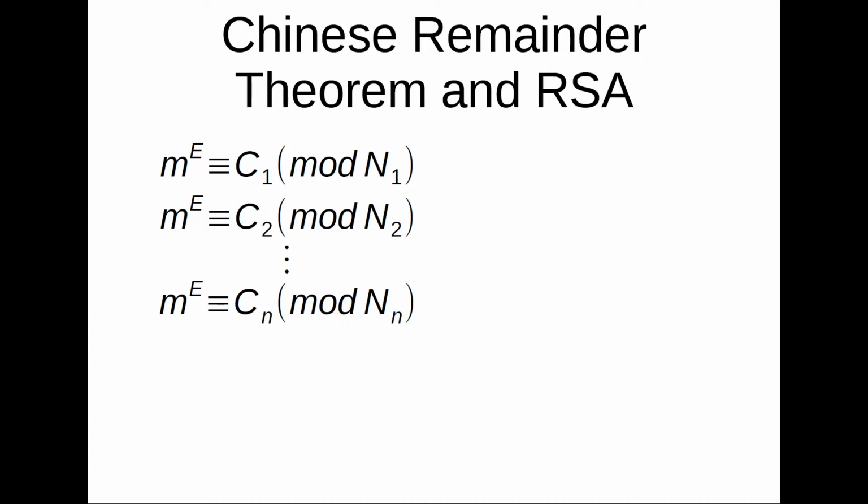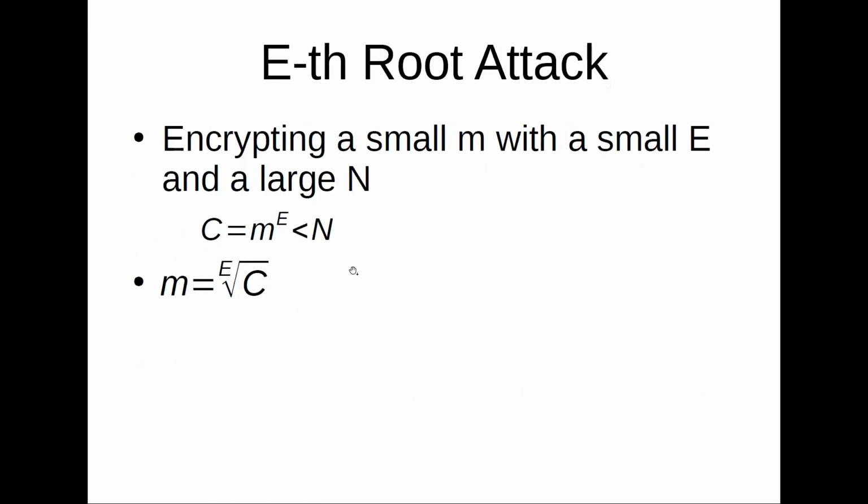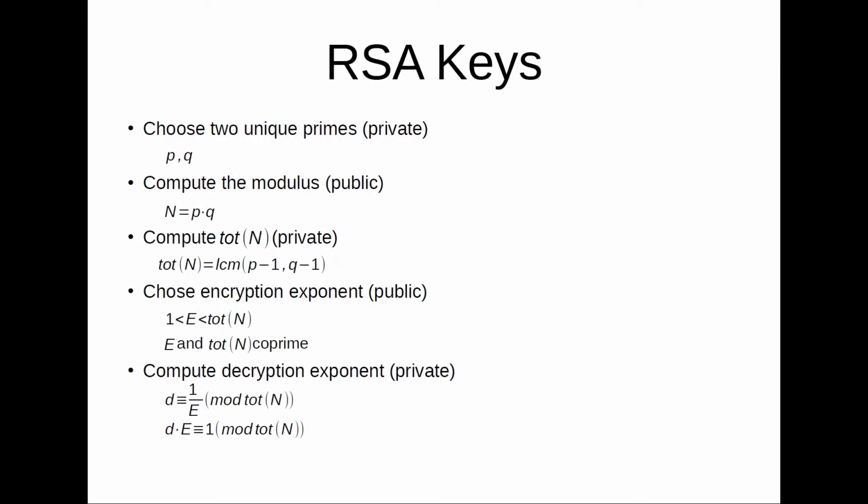For RSA, well, there's two totient functions. One is the Euler totient function, and then one is the Carmichael totient function. The Carmichael totient function is the one that I explained here, where you take the least common multiple of p minus 1, q minus 1. The Euler totient function you can compute for n is p minus 1 multiplied by q minus 1.